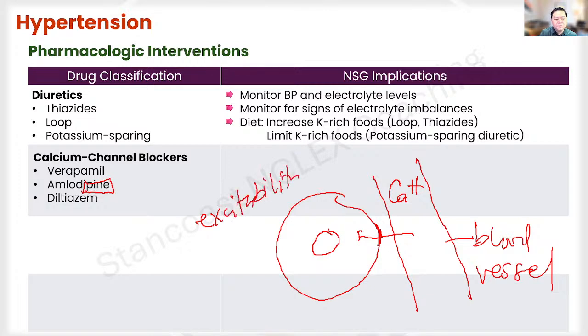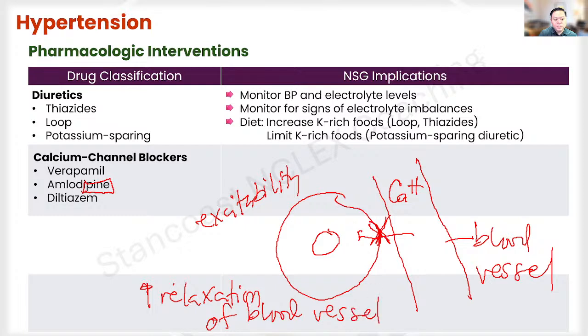And not just the body cells or the tissue cells, but also the cells inside the blood vessel itself. And so the role here of the calcium channel blocker is really to prevent the entry of calcium into the cell. And when that happens, if there is inhibition, in the patient's smooth muscle there will be an increase in the relaxation of the blood vessels.